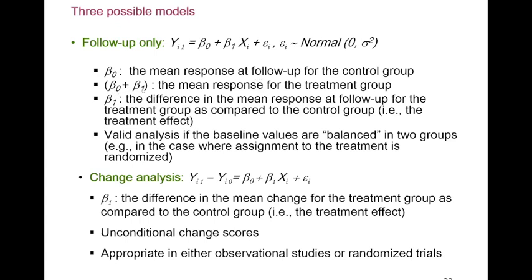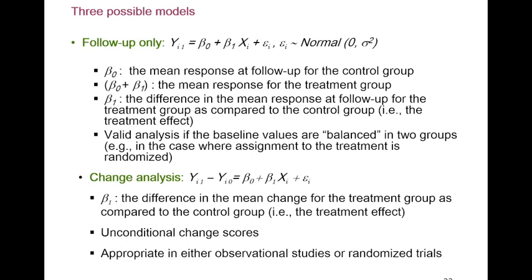Beta sub-zero plus beta 1 is the mean response for the treatment group, because I'm coding x equal to 1 for the treatment group. Then beta 1 represents the difference in the mean response at follow-up for the treatment group as compared to the control group. So this is the estimated treatment effect using this model.